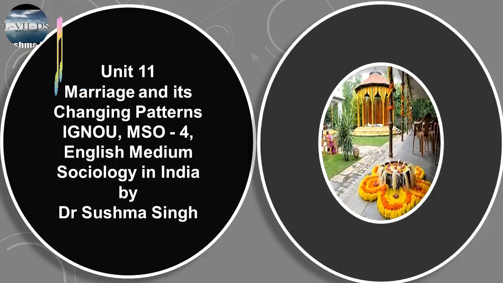Barring some exceptions, you would notice that there is a transfer of the wife to her husband's family. Besides the transfer of the wife, there are two major types of transfers of material wealth that accompany marriage. In one, wealth travels in the opposite direction of the bride, and in another, it travels along with the bride in the same direction. The former is identified as the bride price and the latter as the dowry.